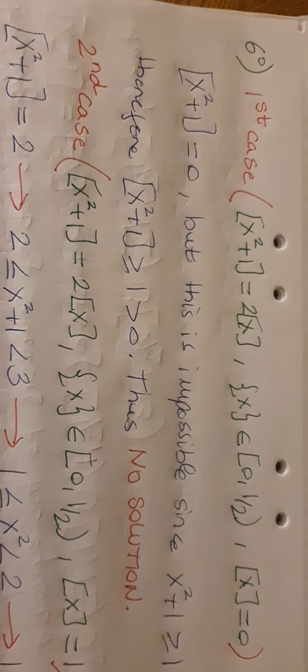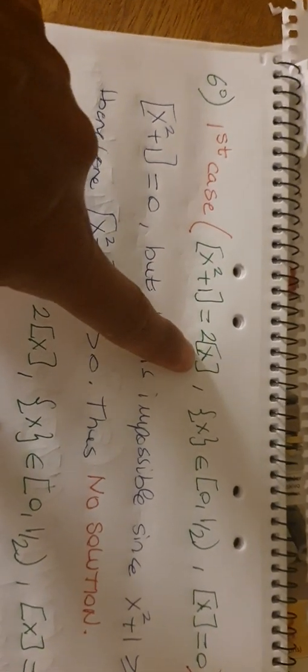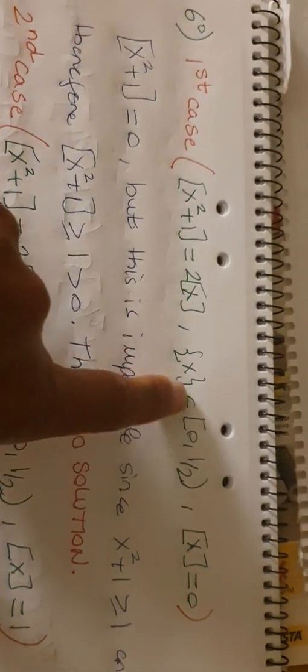The first case is when the integer part of x squared plus 1 is equal to 2 times the integer part of x, which holds under this condition. Okay, and now we try with the integer part of x is equal to 0 first.